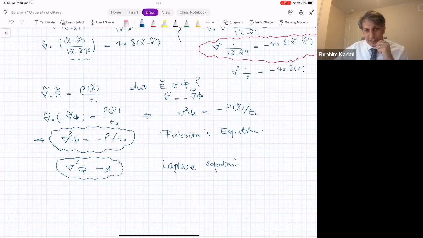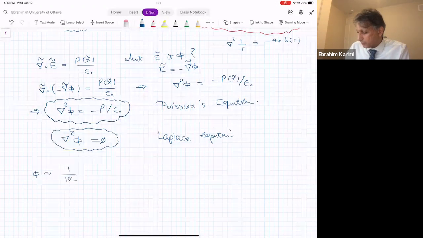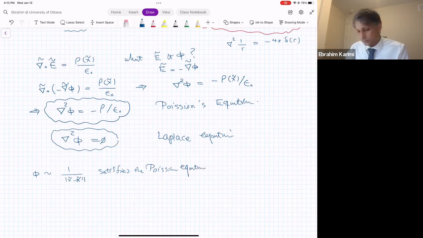An easy exercise: show that 1 divided by |x minus x prime| satisfies the Poisson equation. It's easy. Show that phi, which is given by 1 divided by |x minus x prime|, satisfies the Poisson equation. From this, you will find out what the charge distribution is.